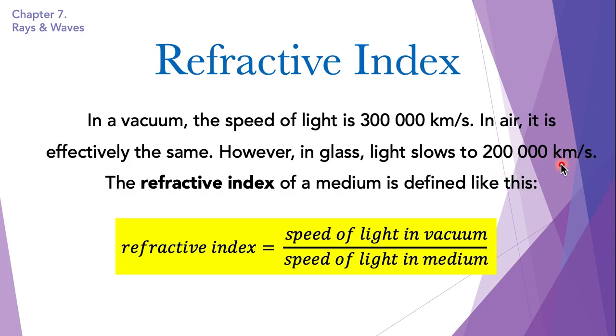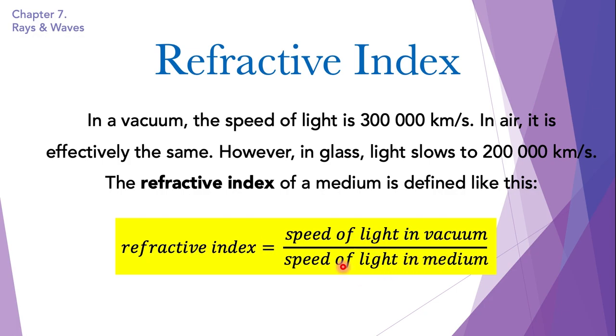So the refractive index of a medium is defined like this. The refractive index is equal to the speed of light in vacuum divided by the speed of light in the medium. Whatever the medium is, then we will find the refractive index of that particular medium.